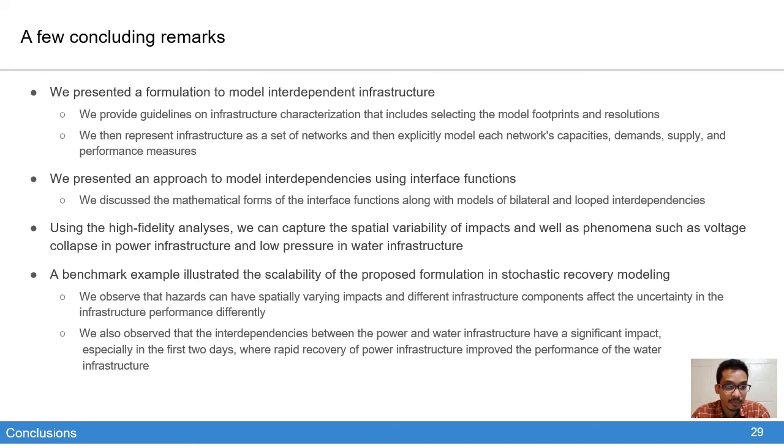A benchmark example then illustrated the scalability of the proposed formulation in stochastic recovery modeling. We also observed that the interdependencies between the power and water infrastructure have a significant impact, especially in the first 2 days when rapid recovery of power infrastructure improved the performance of the water infrastructure.